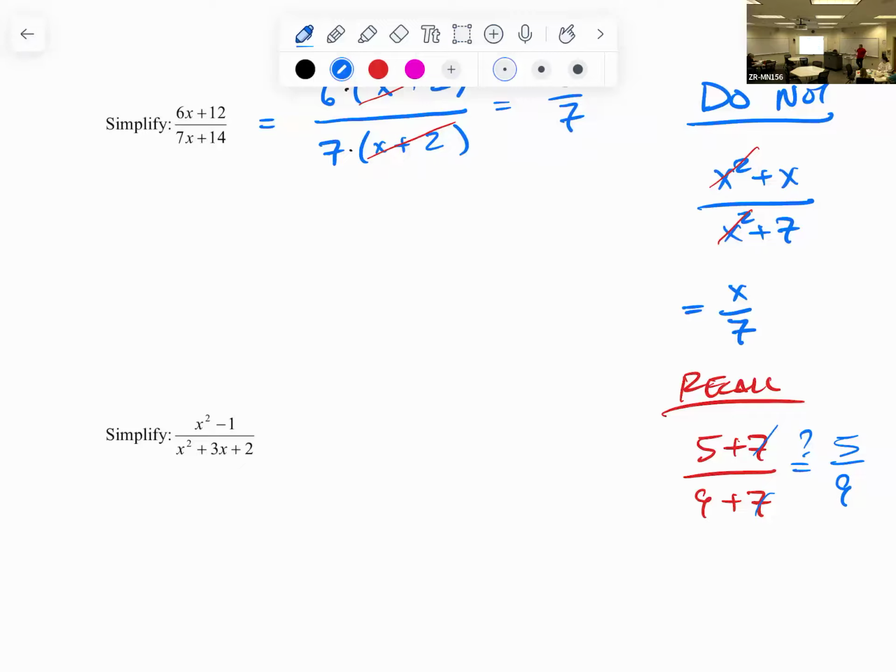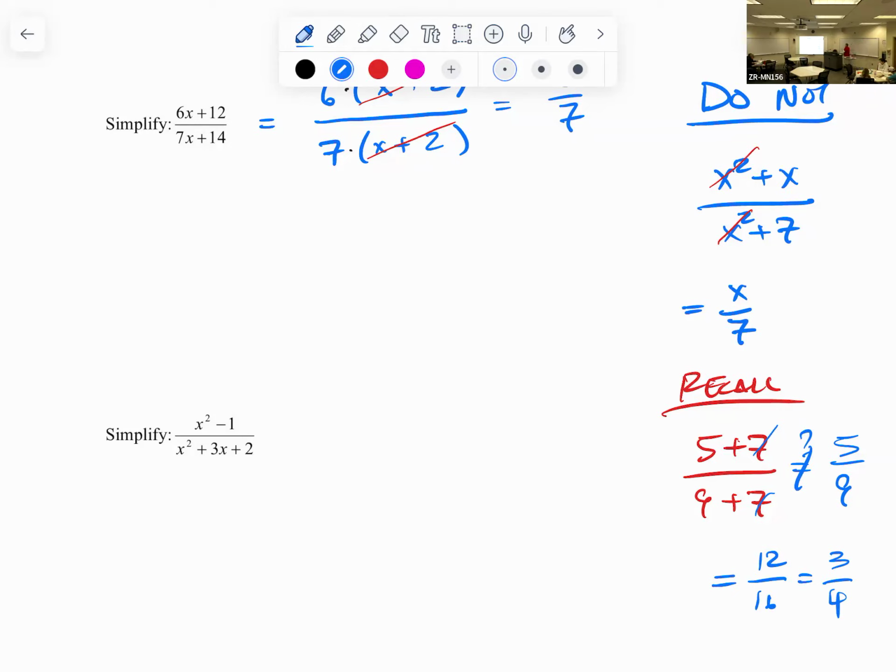I cancel those 7s. Is that 5/9? No, because you can't cancel them out. Absolutely not. 5 plus 7 is 12. 9 plus 7 is 16, so that actually is 12/16, AKA 3/4. Okay, 5/9 and 3/4 are definitely not the same number.